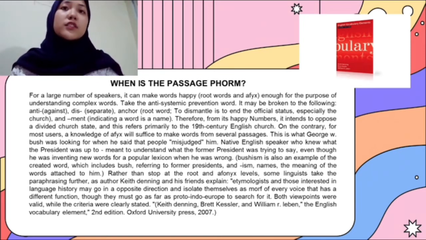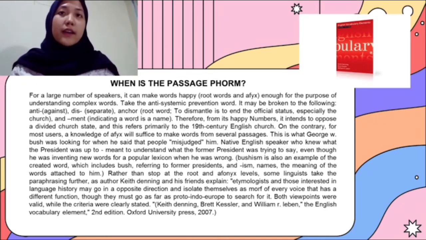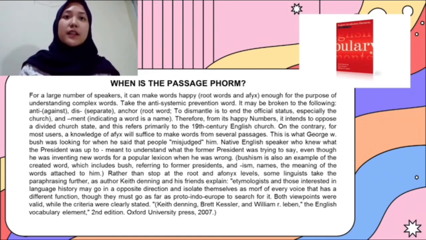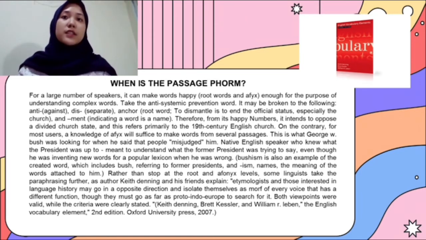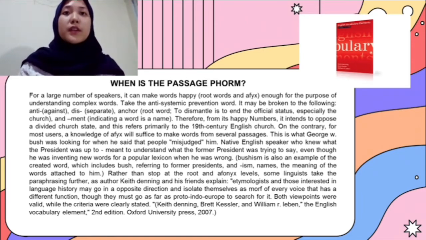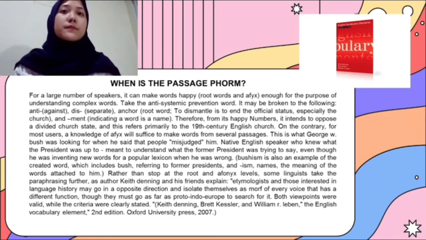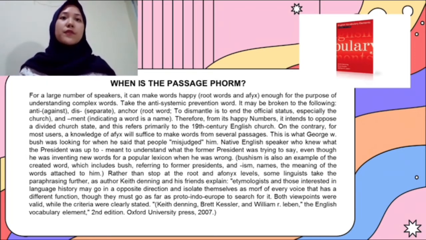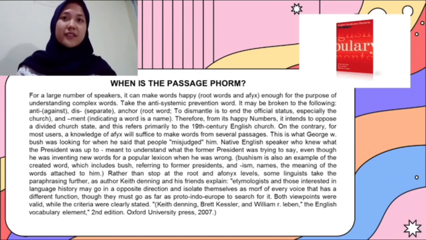Rather than stop at the root and phonemic levels, some linguists take the paraphrasing feature further. As authors Keith Denning and his colleagues explain, etymologists and those interested in language history might go in the opposite direction and isolate themselves as more of every morpheme that has a different function.